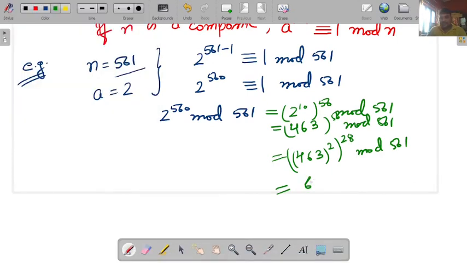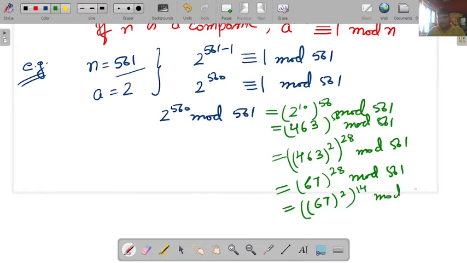So here I can write 67 to the power 28 mod 561. Now you can write 67 squared, and this gives 67 to the power 14 mod 561.